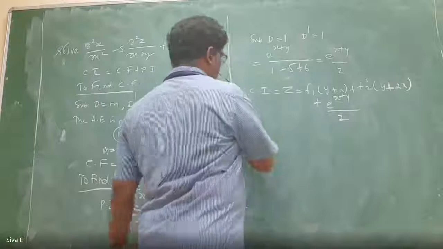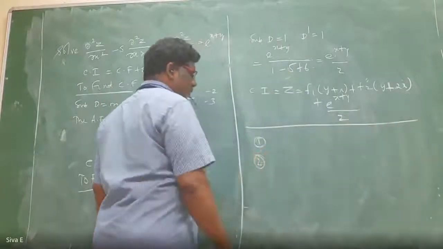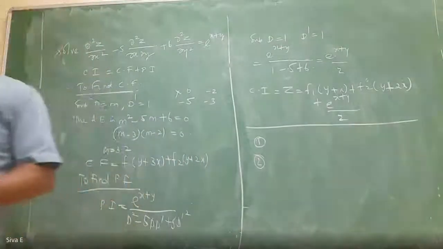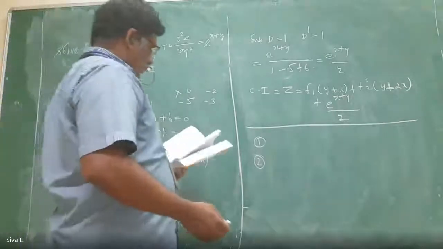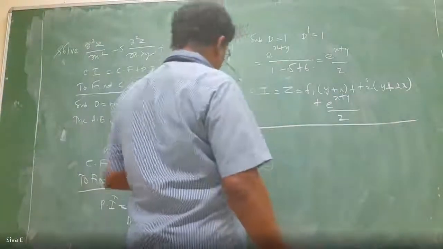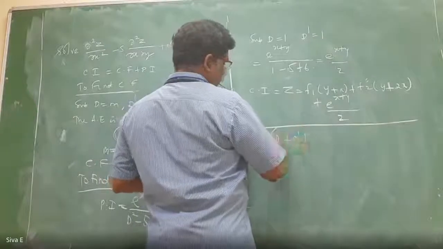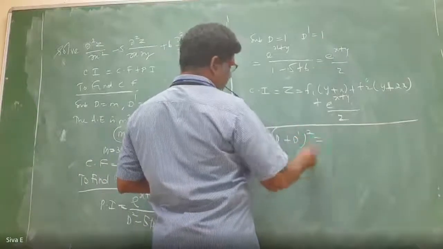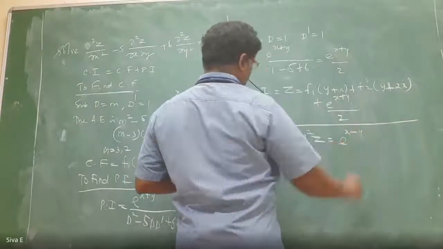So I give one or two problems for practice now. D minus D dash whole square into z equal to e power x minus y.